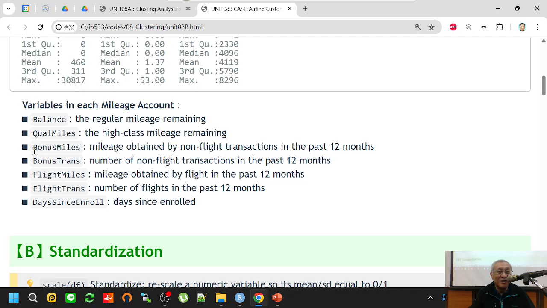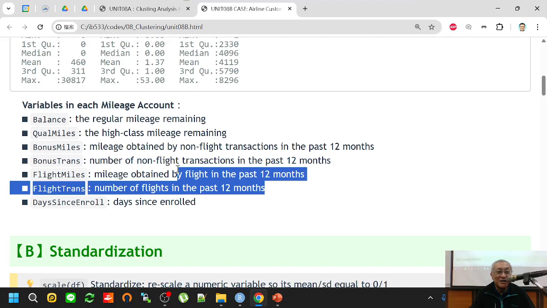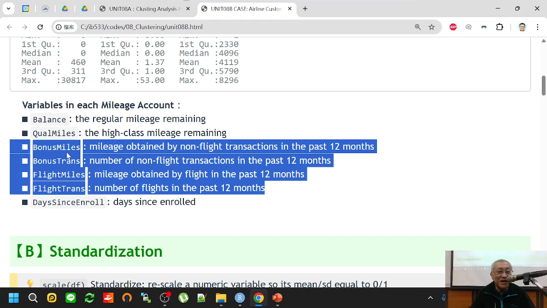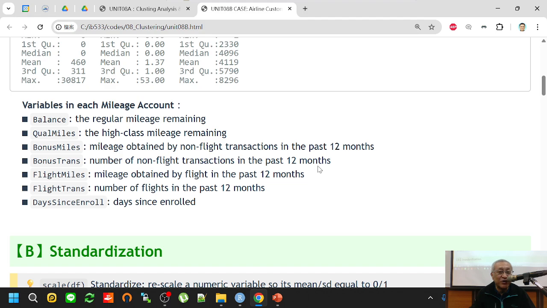The next 4 variables are the behavior of this customer in the past 12 months.